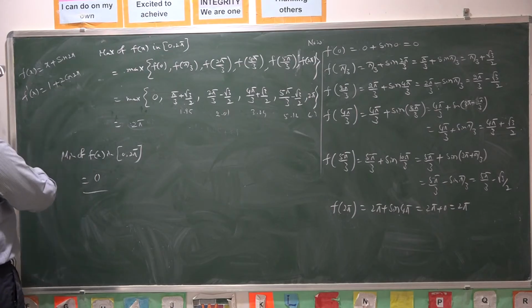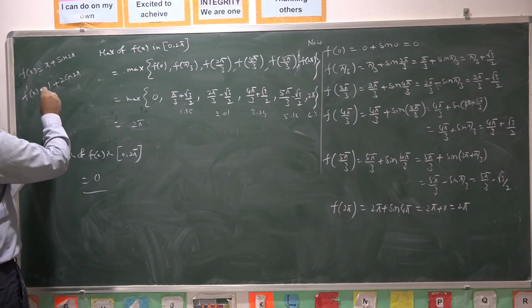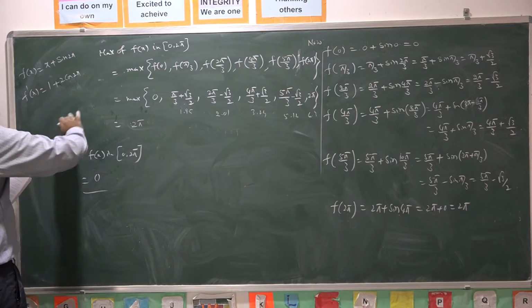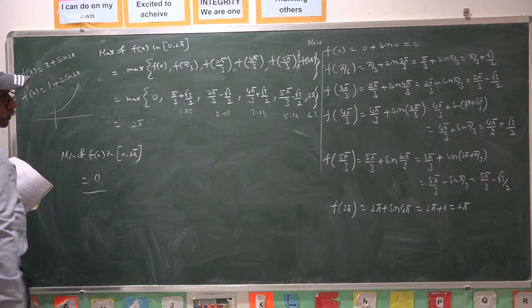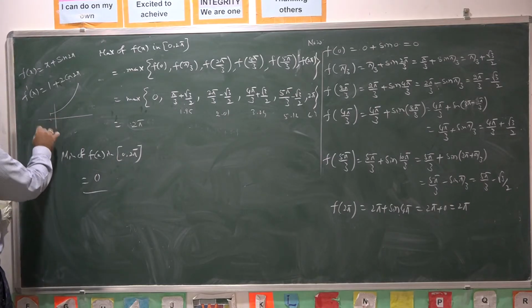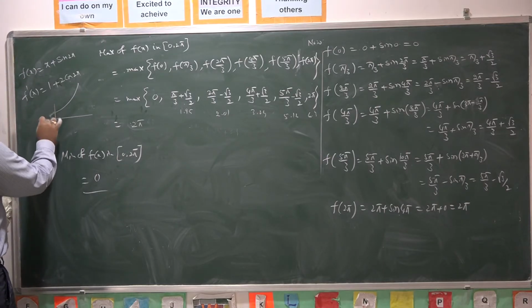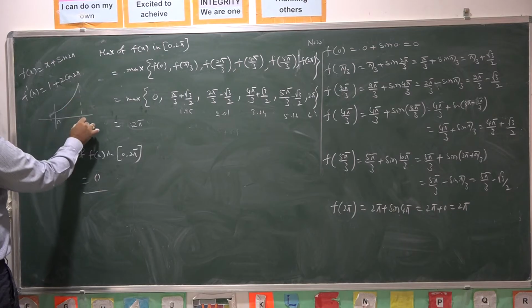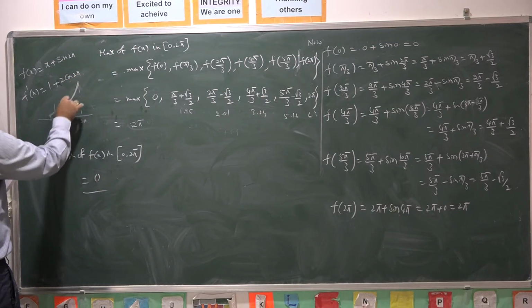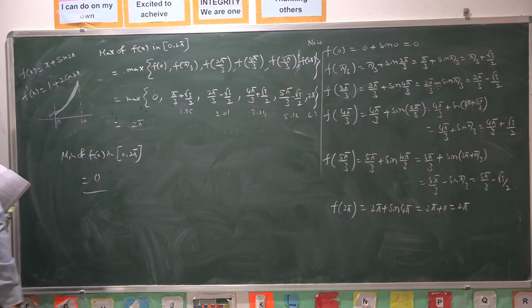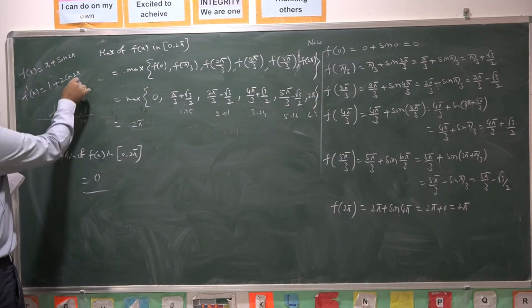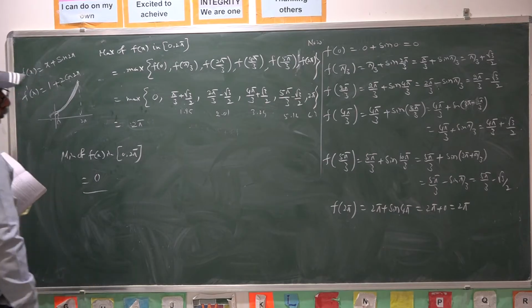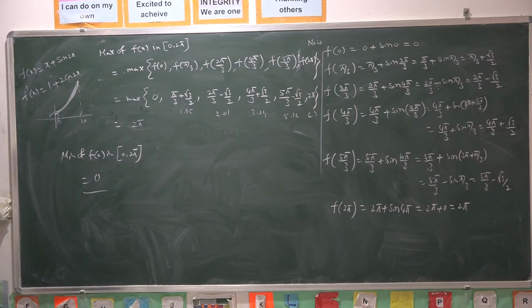Suppose the function is completely increasing in the interval 0 to 2 pi. It takes minimum at 0 and maximum at 2 pi.